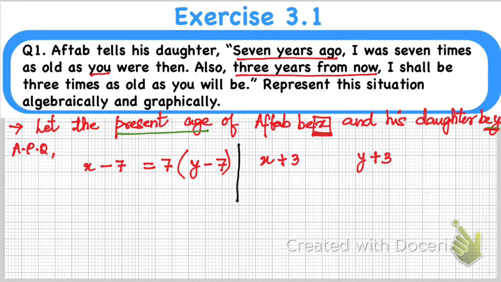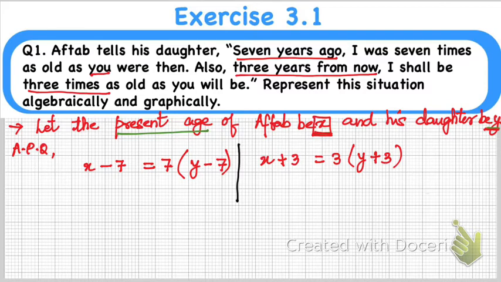So Aftab is telling that 3 years from now I shall be 3 times as old as you will be. Means Aftab will be 3 times as old as his daughter will be, means 3 into his daughter's age.